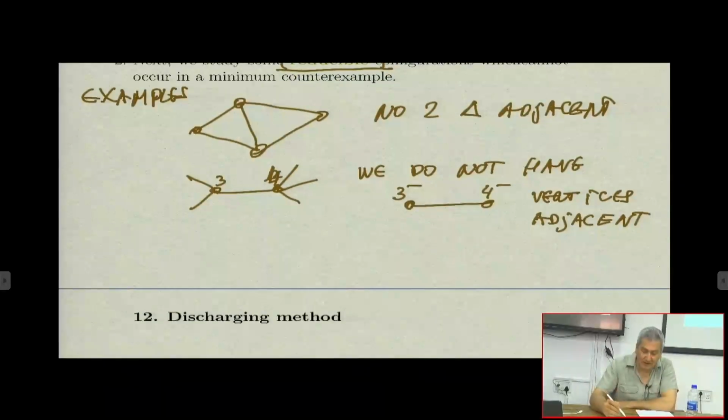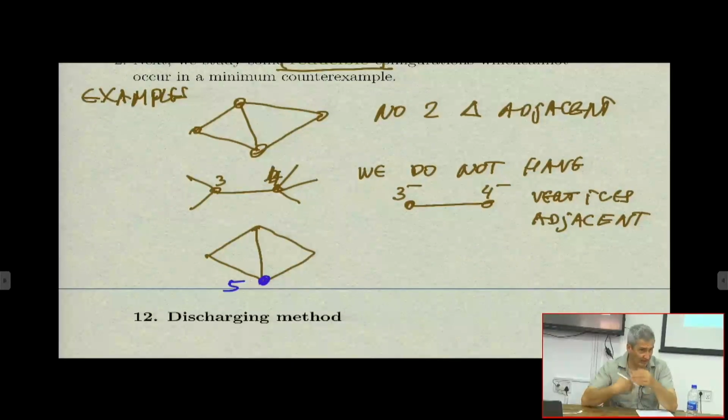Or maybe like this configuration. Maybe I cannot get rid of 3 triangles, but here is a 5 vertex, a small vertex, let's say. Everything is at least 5. Or maybe 5, 5, 5, depending on our coloring. So there are many such reducible configurations. You reduce them. You say, my counterexample doesn't have it.